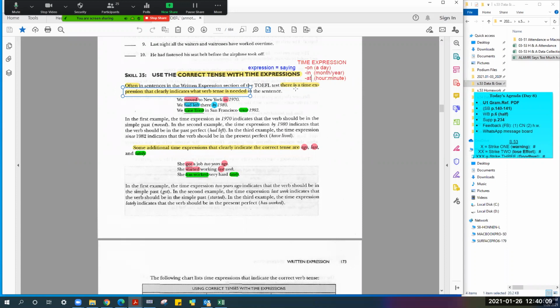It can help you because the time expression will often, not always, but most of the time, tell you which tense is necessary.